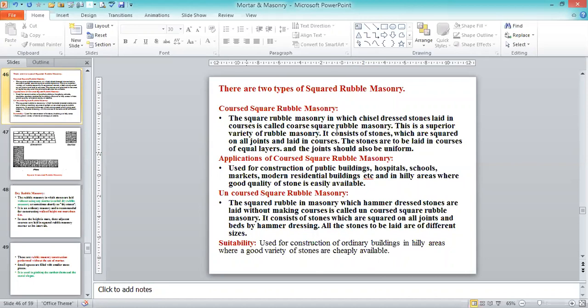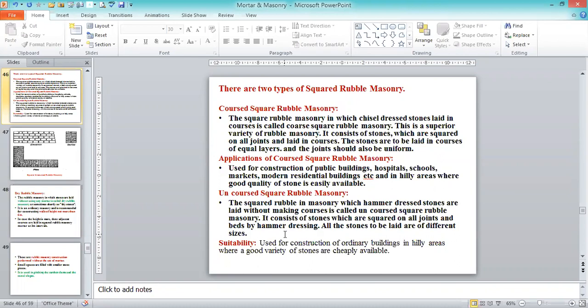The square rubble masonry in which chisel dressed stones are laid in courses is called coursed square rubble masonry. This is a superior variety of rubble masonry. Applications: we use it for construction of public buildings, hospitals, schools, markets, modern residential buildings, etc. Uncoursed one: the square rubble masonry in which hammer dressed stones are laid without making courses is called uncoursed square rubble masonry.